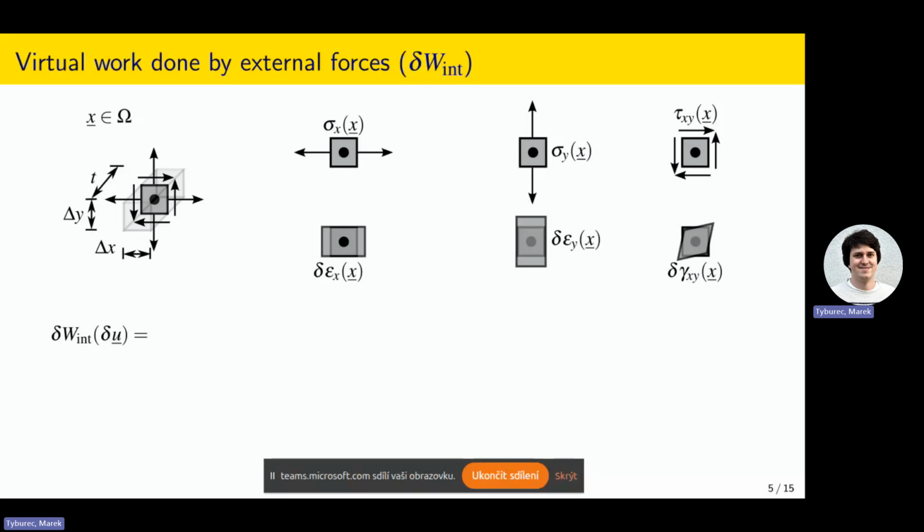But to produce displacement, we need to multiply the strain by the length of this x component of this small slab, so delta x. That's what we have for the first component.